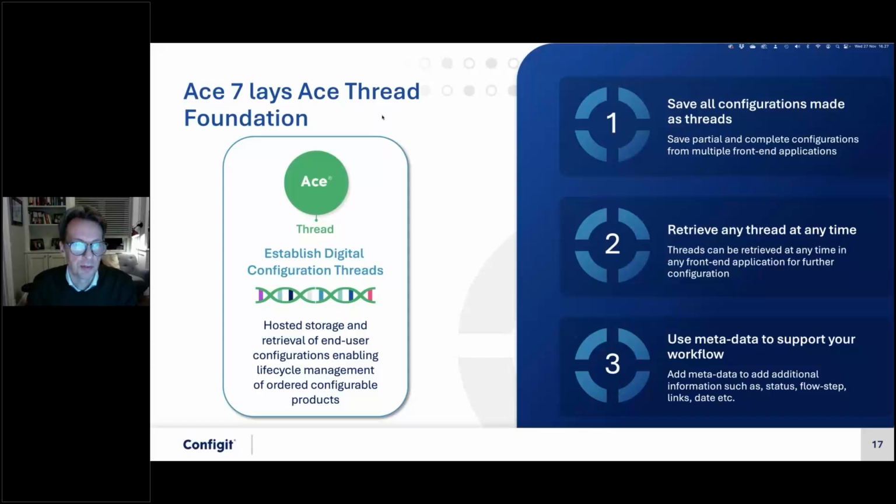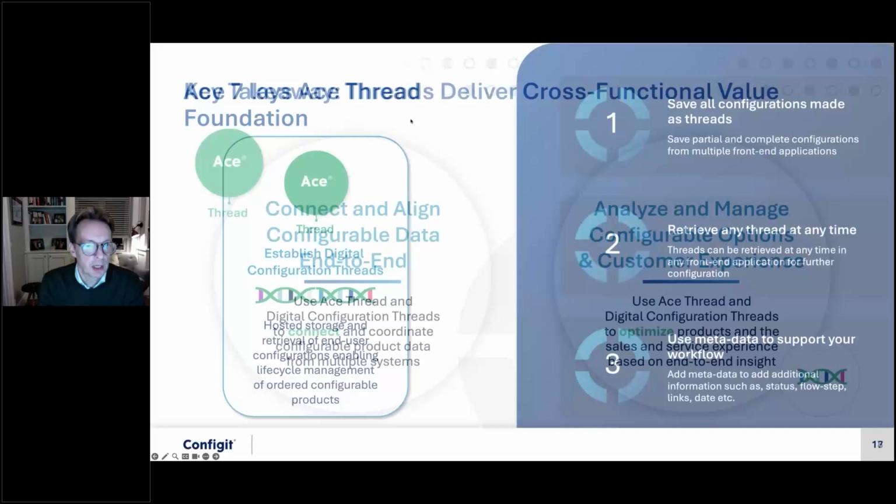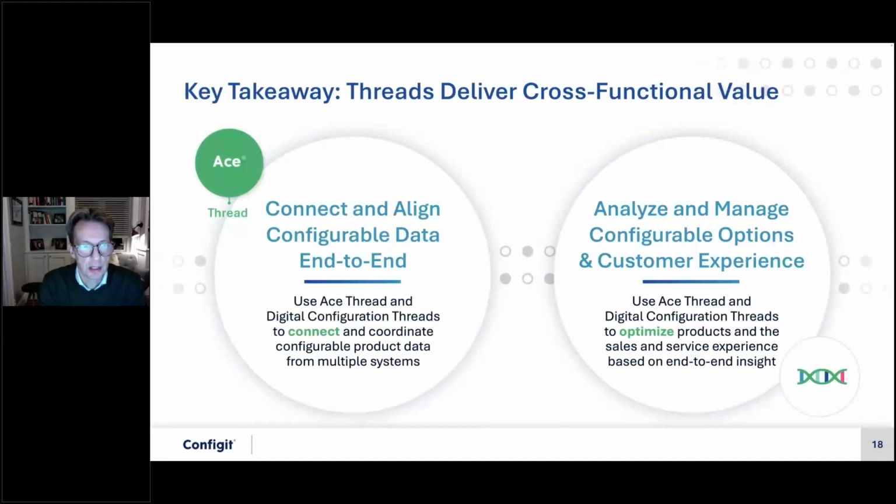This is one of several key new features that we bring out. We have also our Ace configurator and our Ace lab and other things that I'm sure other people will talk about. So that's basically what I wanted to talk about today. The short story, I think, is that we see the Ace Thread as a key enabler to connect this data across the different silos, across the different data sources.